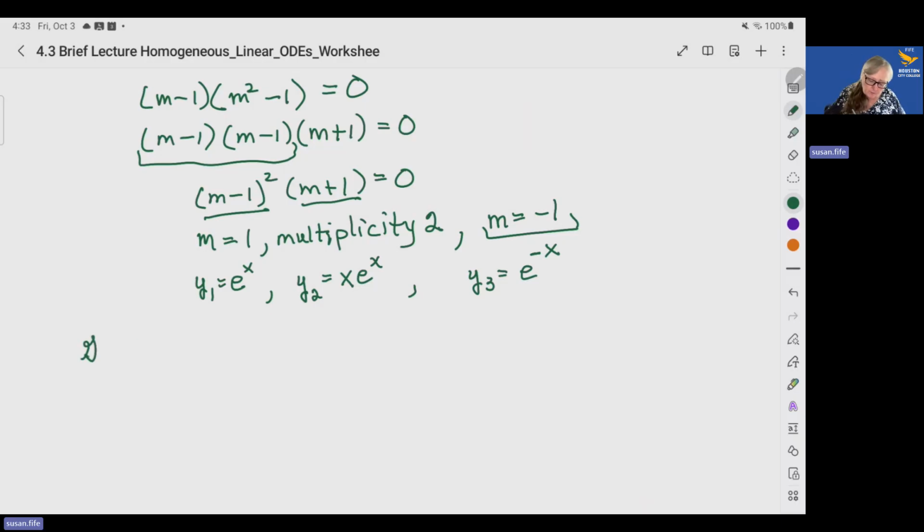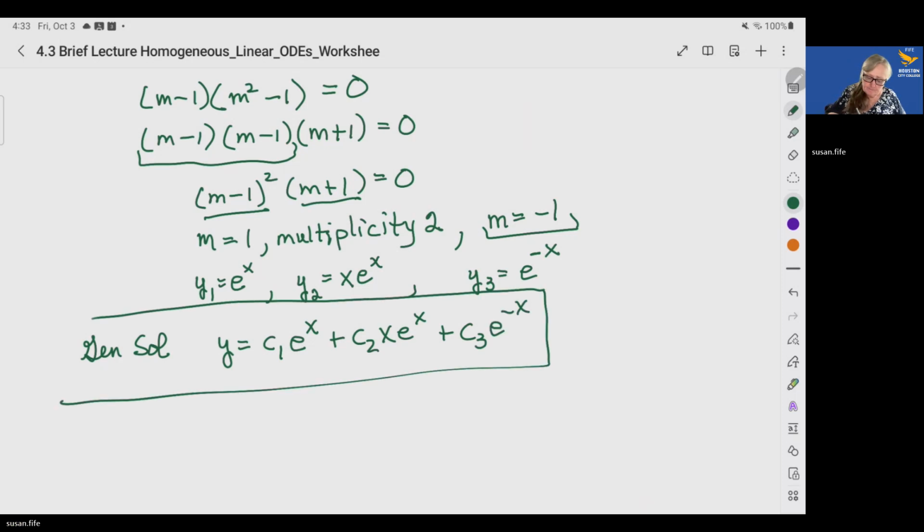So here my general solution is y equals c1 times y1 plus c2 times y2 plus c3 times y3, or y equals c1 e to the x plus c2 x e to the x plus c3 e to the -x.